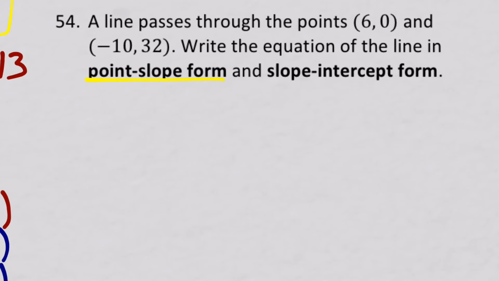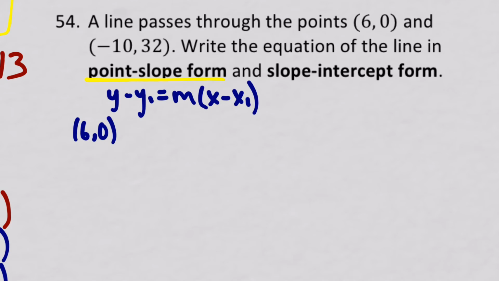Okay, so point slope form, once again, is y minus y sub 1 equals m times the quantity x minus x sub 1. Using that equation, the first thing I'm going to find is the slope. So to find the slope, I'm going to stack my 2 points. 6, 0, and negative 10, 32.